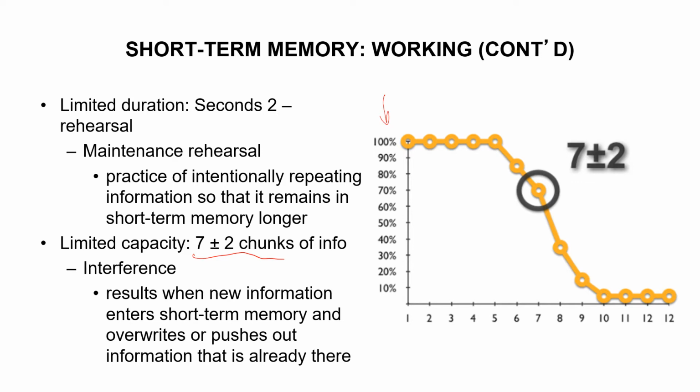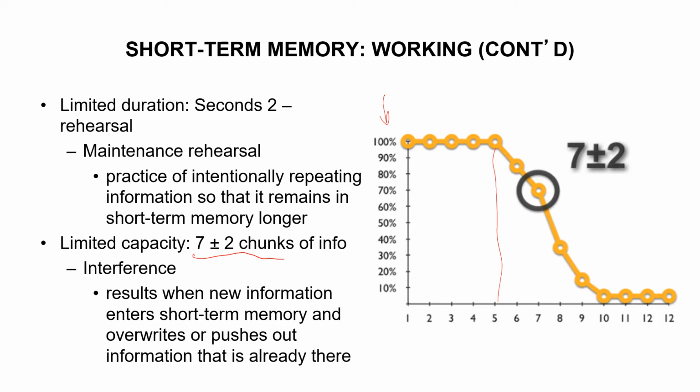And when I say a chunk of information, I'll look at how chunking works a little bit later on, but for now, just think of pieces of information. You've got 7 pieces of information, but this percent here is the percent of people that can remember that many pieces of information. At 5 pieces of information, about 100% of people can remember.